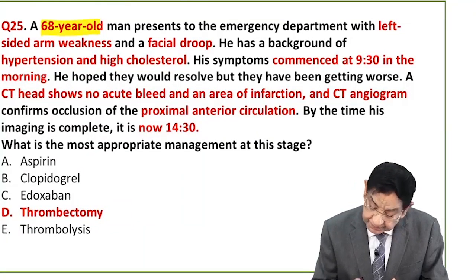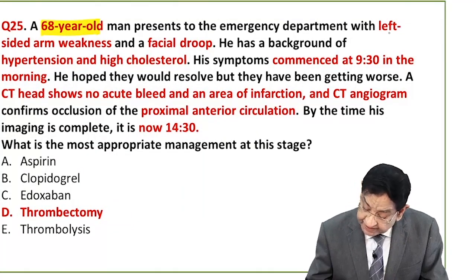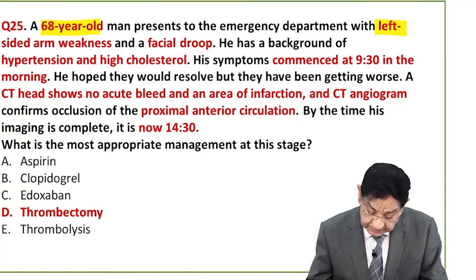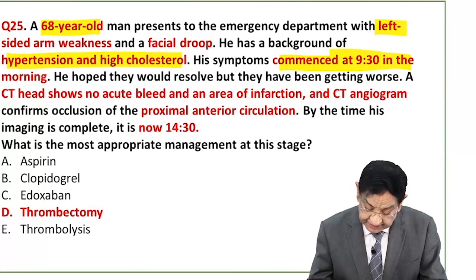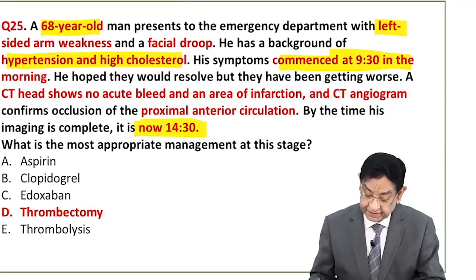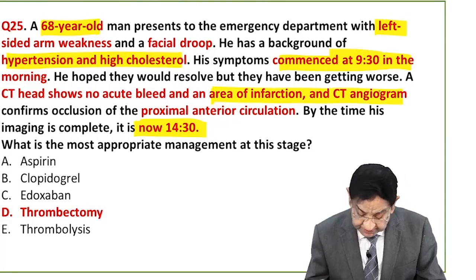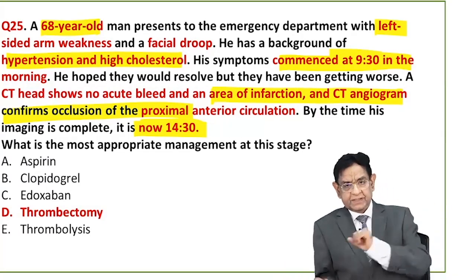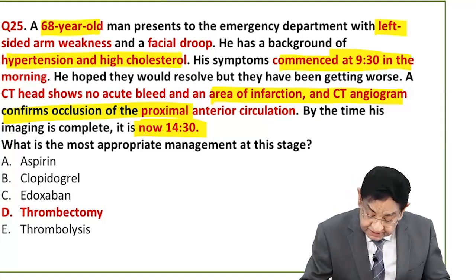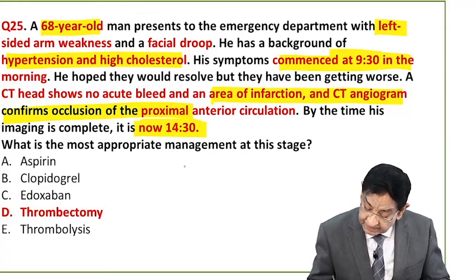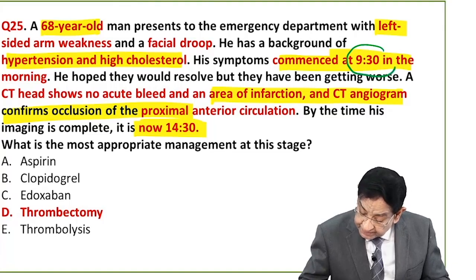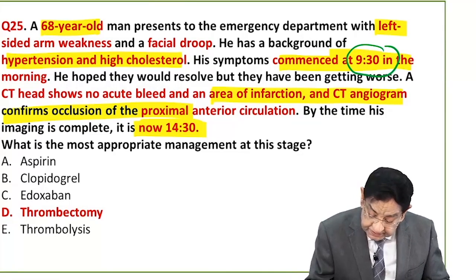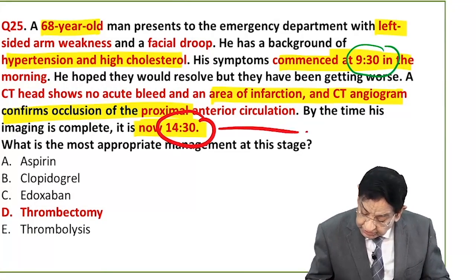A 68-year-old with left-sided weakness, high BP, high cholesterol. Onset was 9:30 a.m. and now it is 2:30 p.m. In the area of infarction, CT angiogram confirms occlusion.